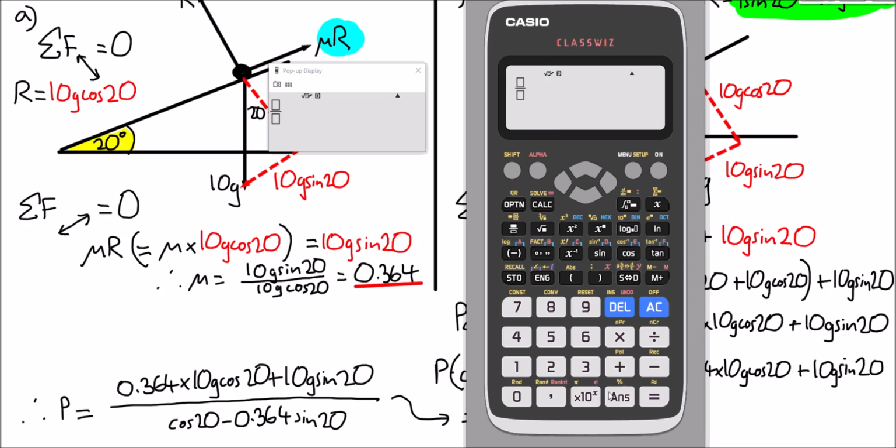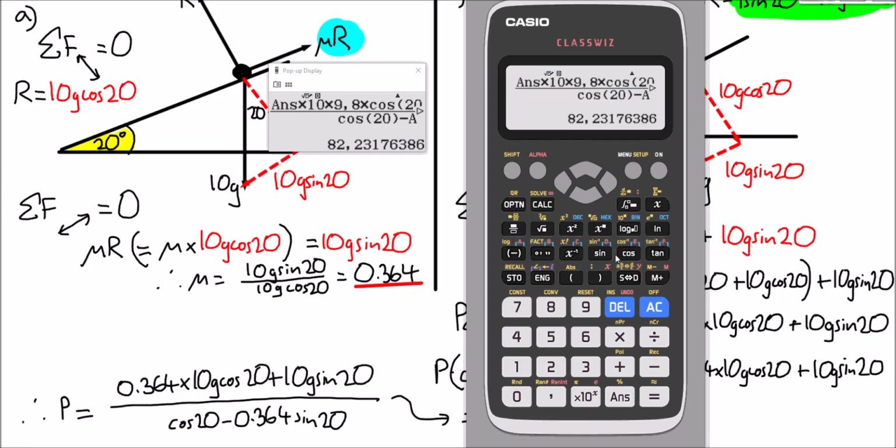So mu, the answer, times 10 times g times cosine 20 plus 10 times g times sine 20, all divided by cosine 20 minus mu, which is still the answer we got stored, times sine 20.